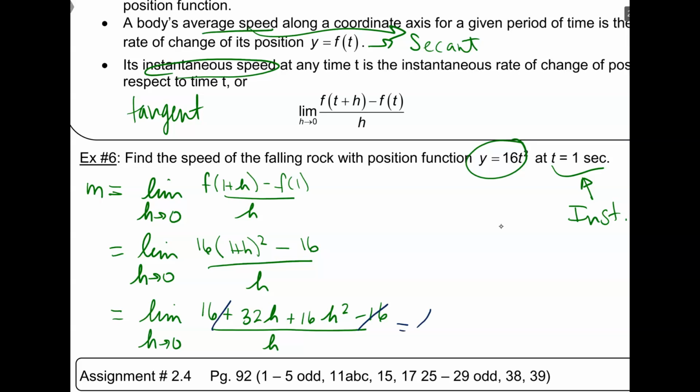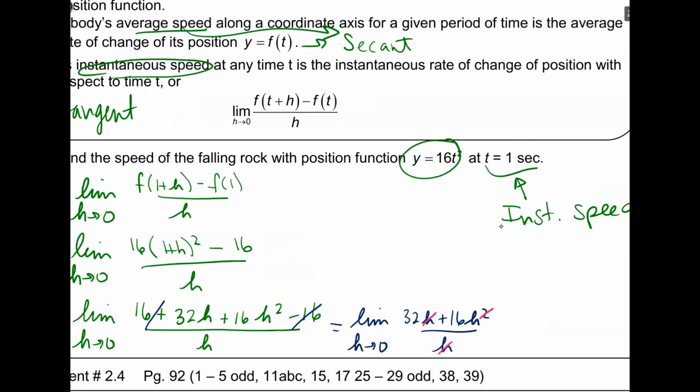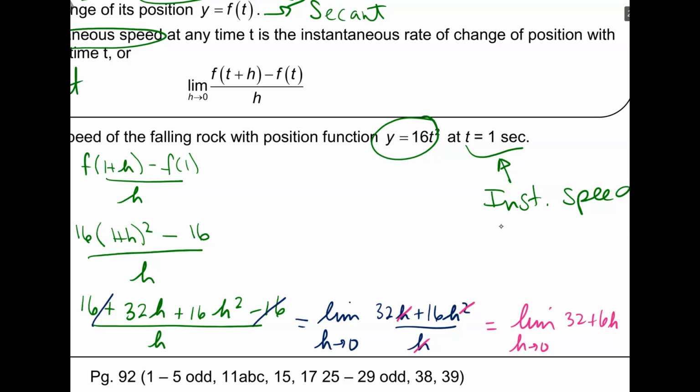And if I rewrite this, I can take out the h, just to make sure we are clear with where this is coming from. So I see the limit as h approaches 0 of 32 plus 16h is going to be 32. So that's 32 units per second.